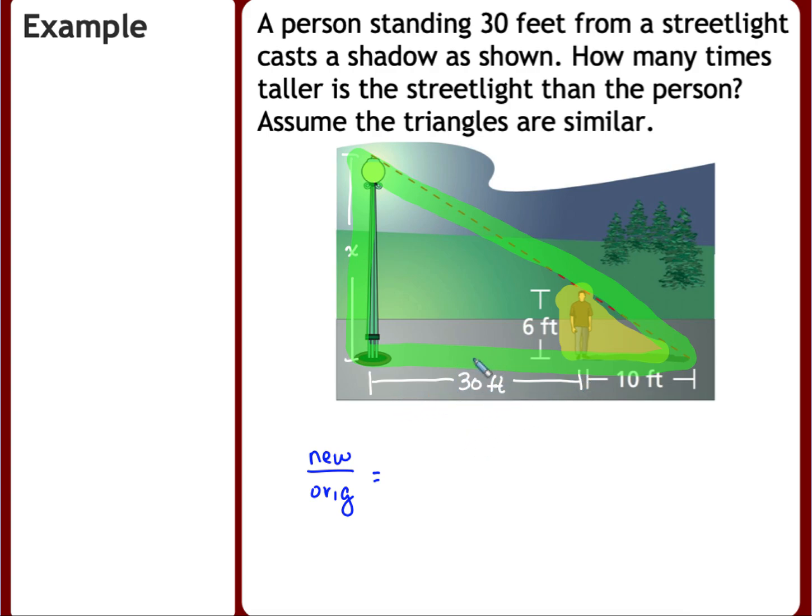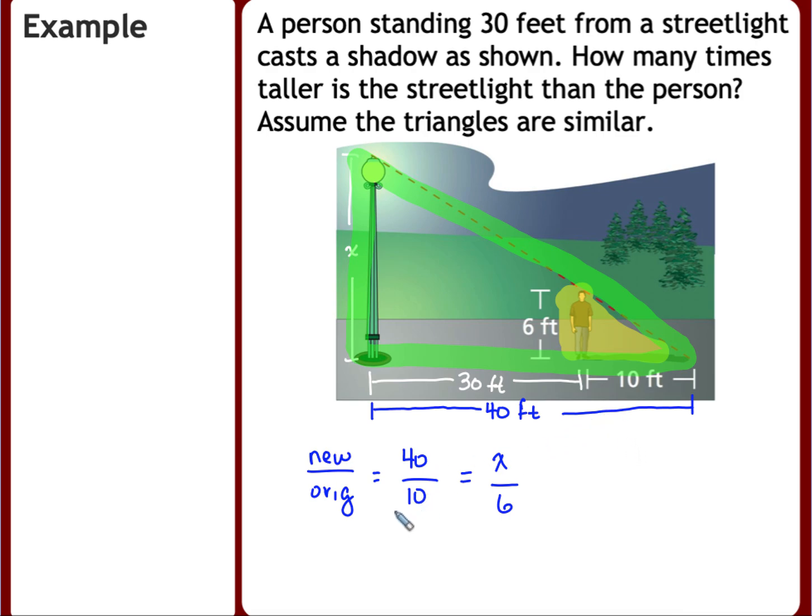Well, it's easy to just think that that is 30, but actually what is that base length? It's the 30 plus the 10, which is 40. So that's the number one mistake on these problems. So it's 40 over the original 10 is equal to the new big triangle is x over 6. And we need to solve this proportion.